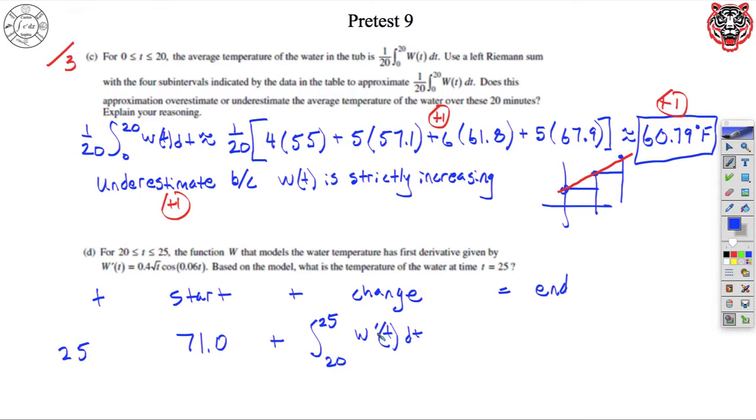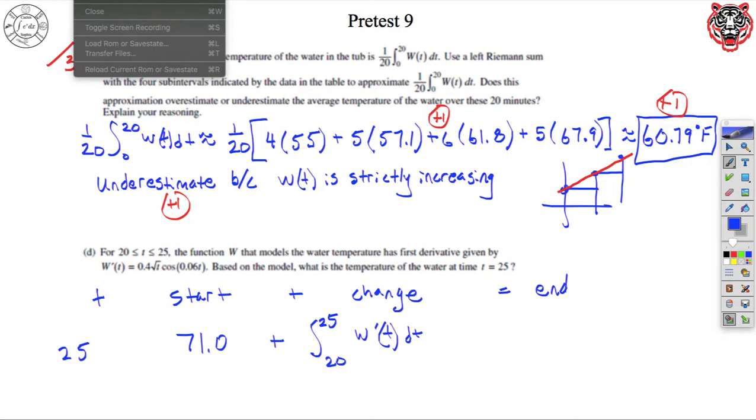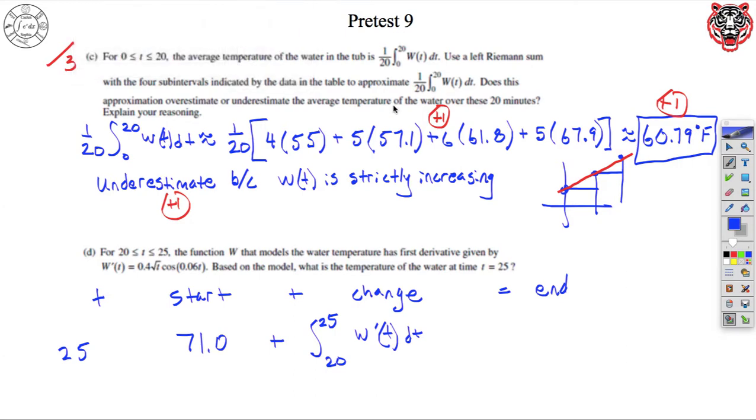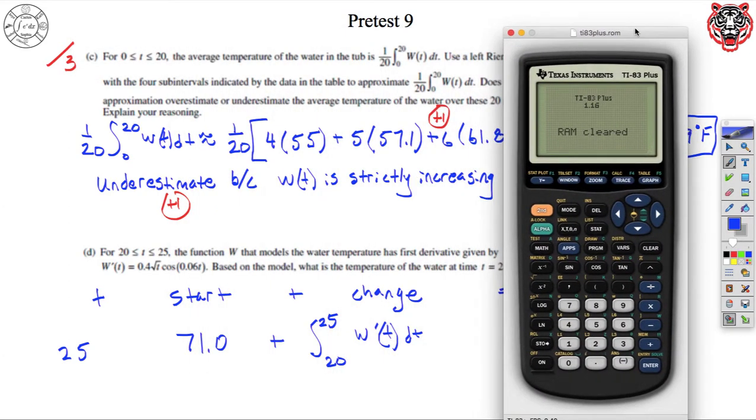All right, so we need to punch this in on our calculator. Let me pull that up to show you how to do that. So I need to enter our equation, 0.4 times square root of t, times cosine of 0.06t.